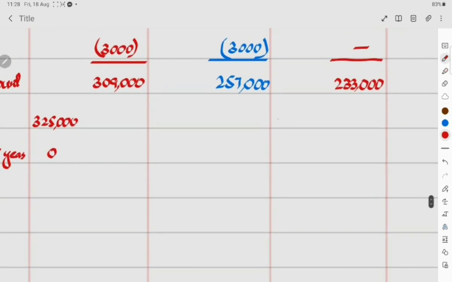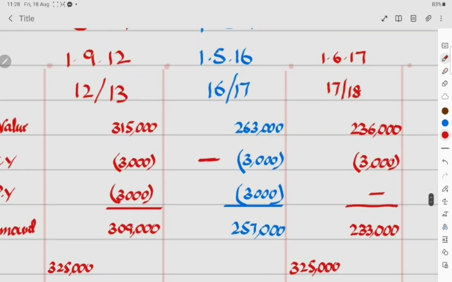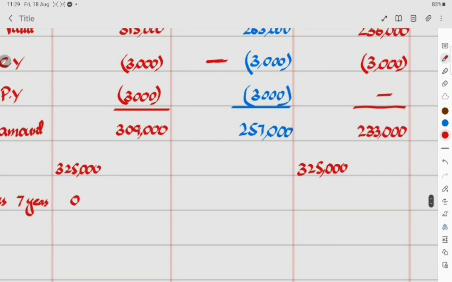Nil rate band is 3,25,000, but we have to look at the previous 7 years, because the date of gift is 1st June 2017. So we have to consider from 1st June 2010 whether we have made any gift. The answer is yes, we made a chargeable lifetime transfer on 1st September 2012, and here we utilized the nil rate band.